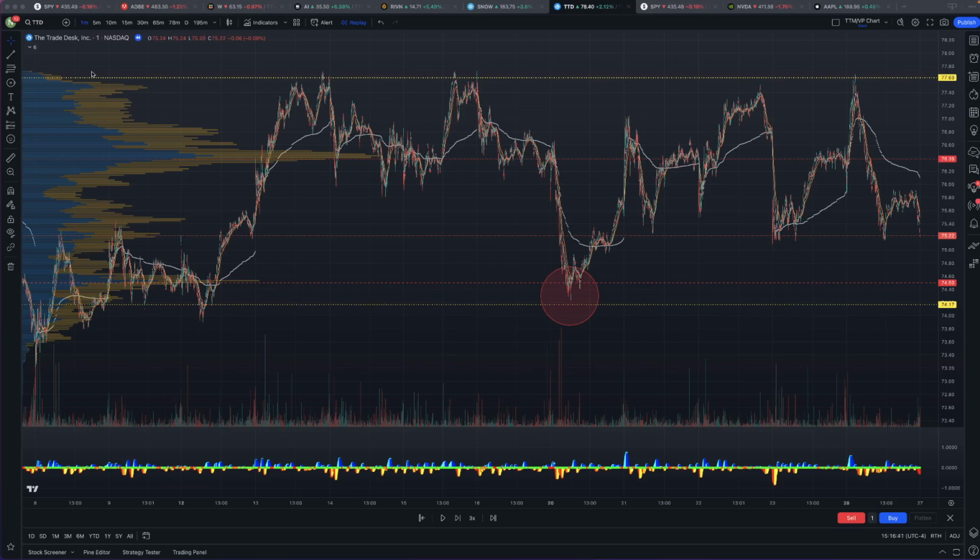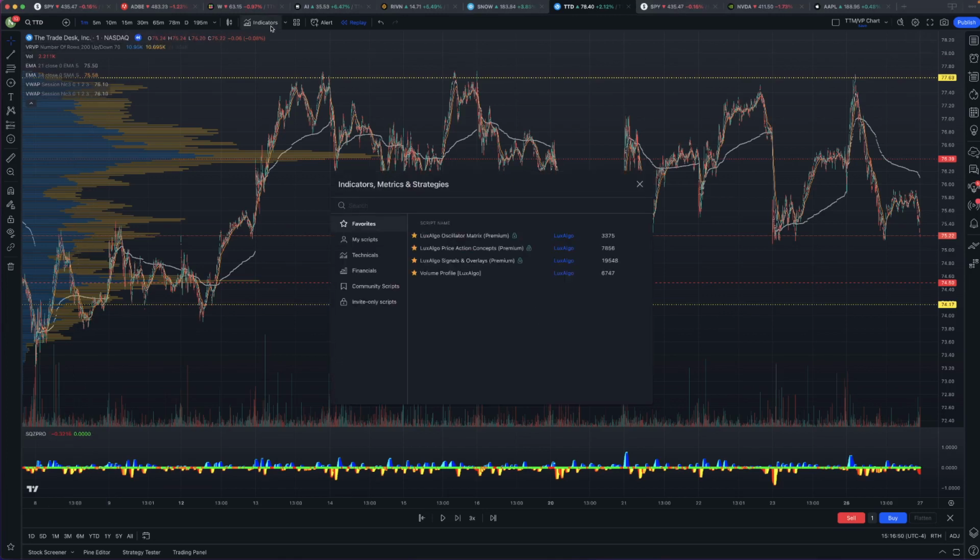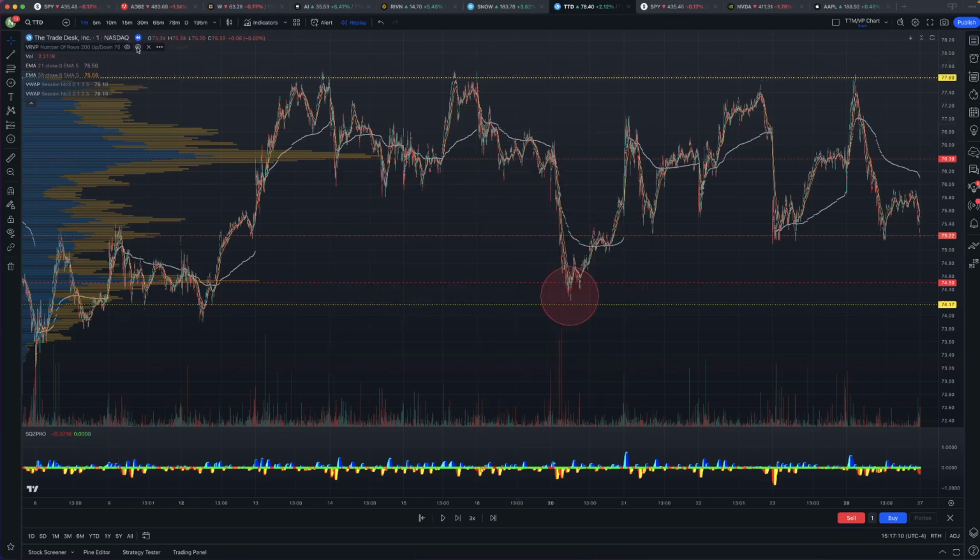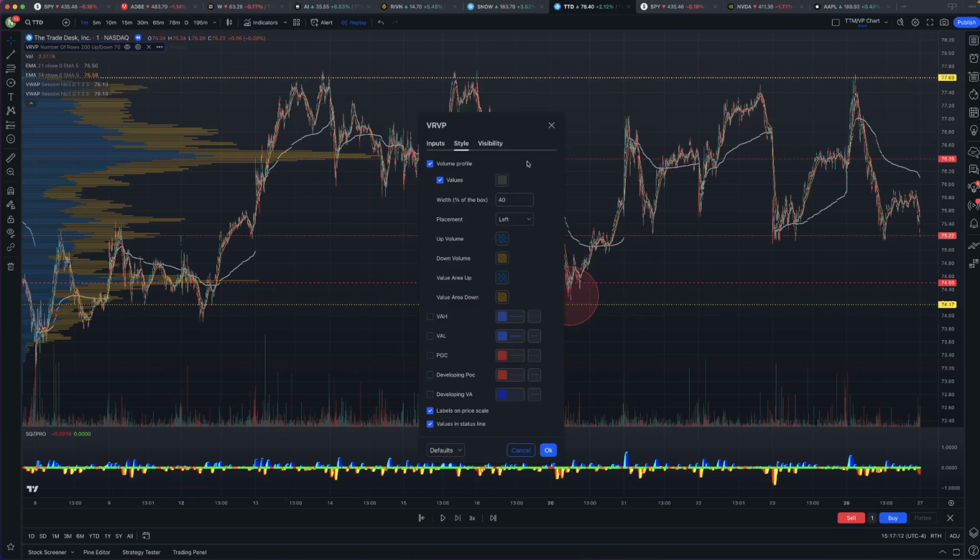Which TradingView volume profile do I use? I use the VRVP, and then I adjust. So my settings: if you go into indicators and you go VRVP, visible range volume profile, and if you put that on your chart, I'll give it a second. Visible range volume profile. You can just search VRVP, and then my settings are that.